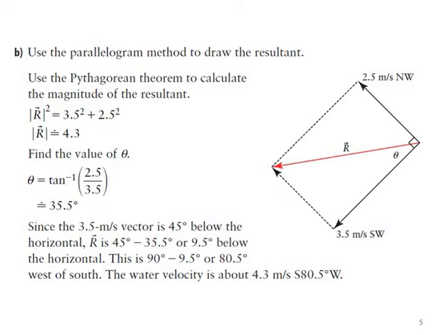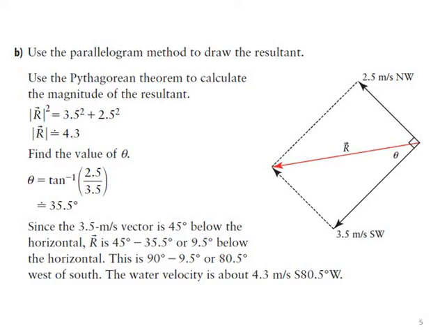The resultant vector is going to be like that. Using the parallelogram method to draw the resultant, and then the Pythagorean theorem, you can find the magnitude of the hypotenuse, which is going to be the square root of 3.5 to the power of 2 plus 2.5 to the power of 2. The magnitude of R is going to be 4.3.